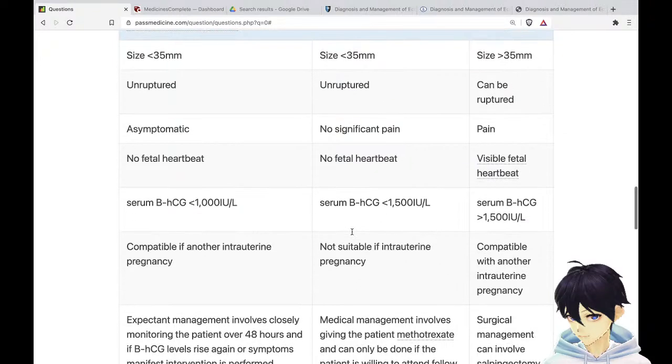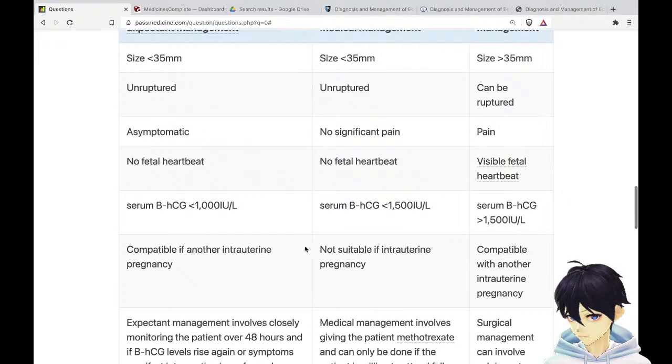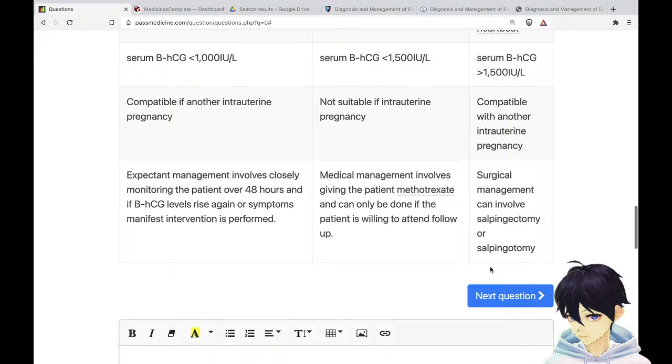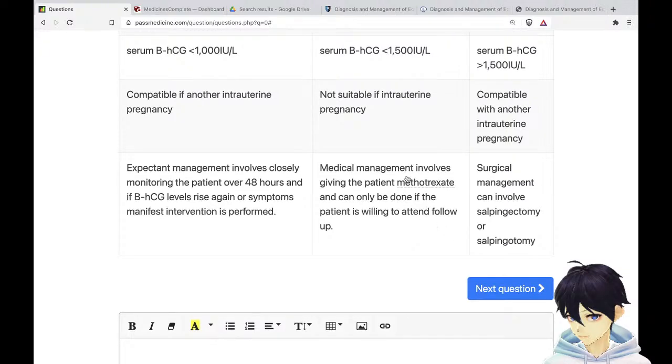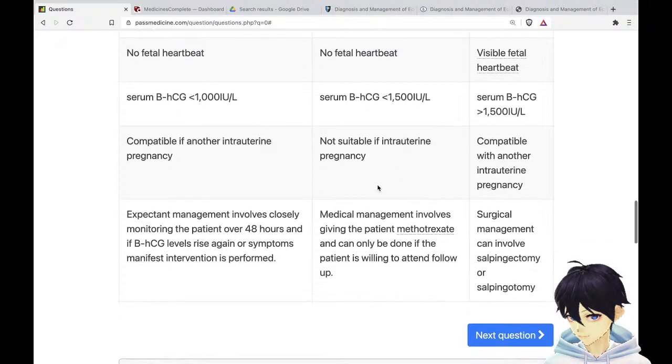Medical management is not suitable if there is a concurrent intrauterine pregnancy, whereas the other 2 are compatible if you have another intrauterine pregnancy. It makes sense because once you take methotrexate, it goes to the whole area, including inside your womb, whereas in surgery, you can just focus on that fallopian tube which is affected.